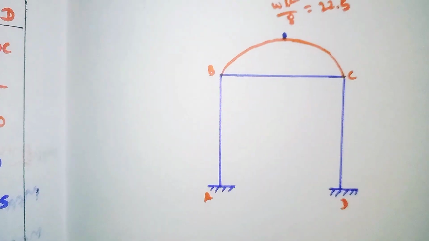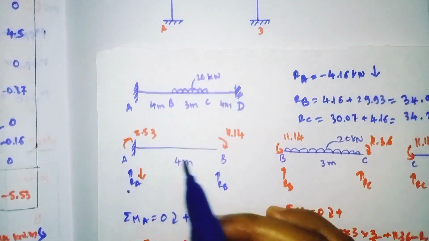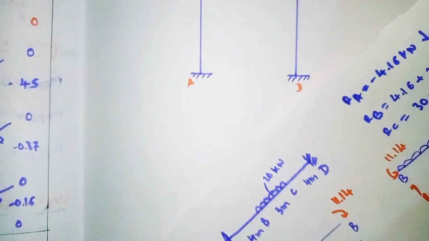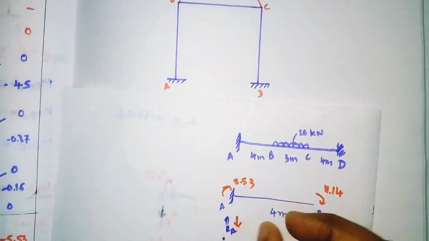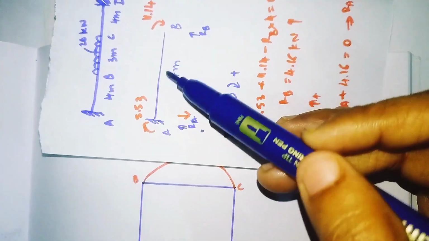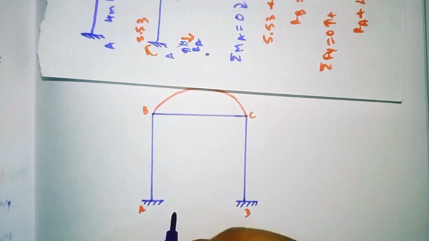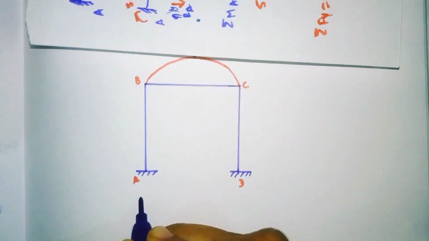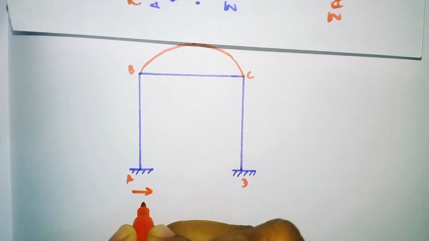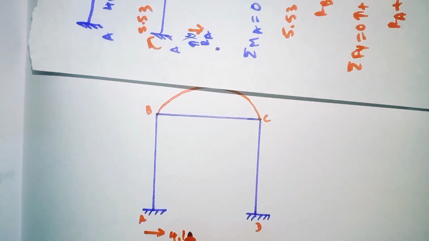So now see here, for span AB, our RA reaction is coming downward. It means if I bring this span AB to here, our reaction will be in this direction, downward, that is 4.16.